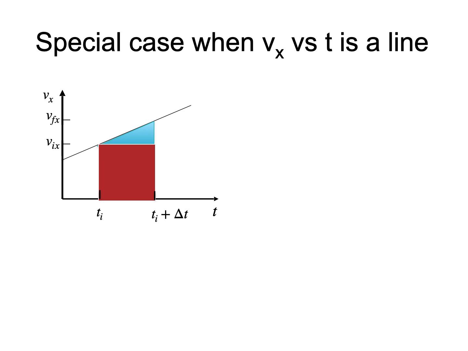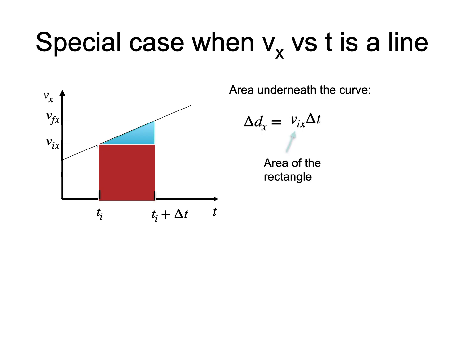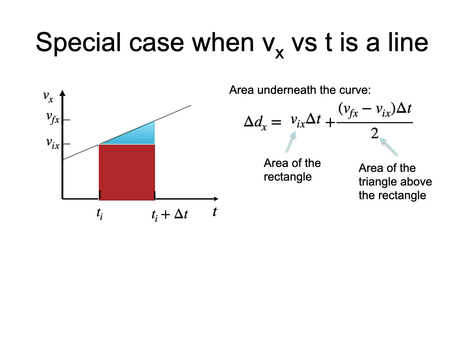The geometrical shape is a rectangle underneath a triangle. Using these shapes, we can write that the area underneath the curve is the x component of the displacement, which can be evaluated by adding the area of the rectangle to the area of the triangle above it.